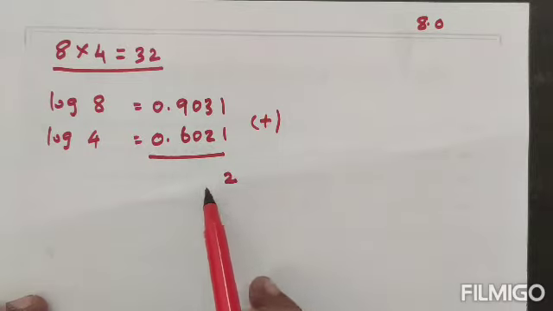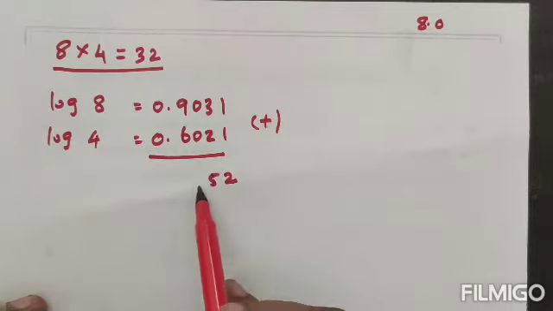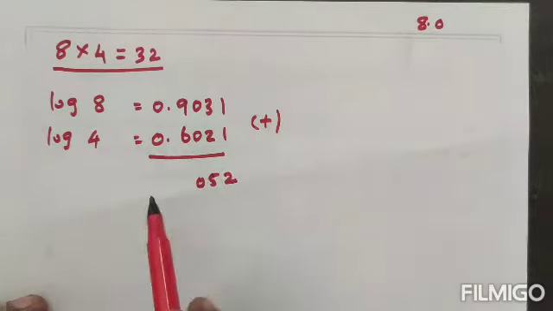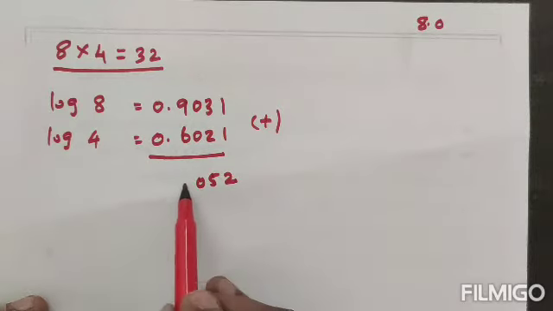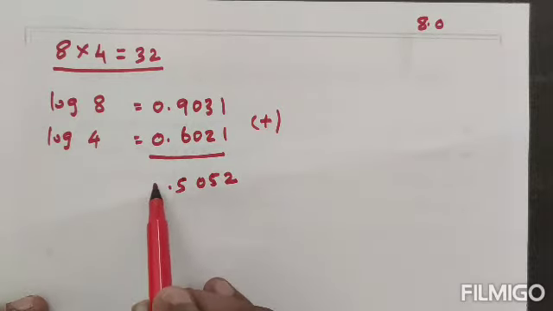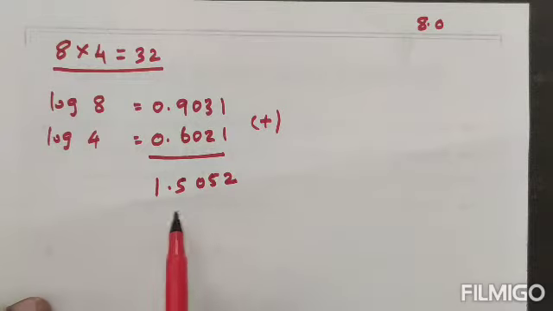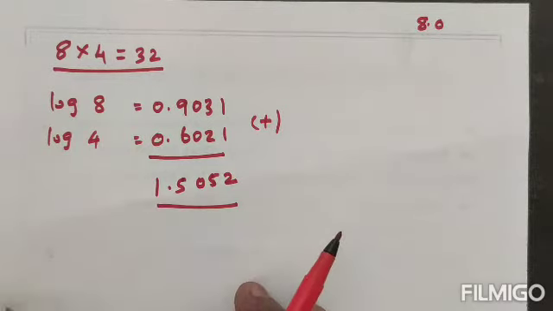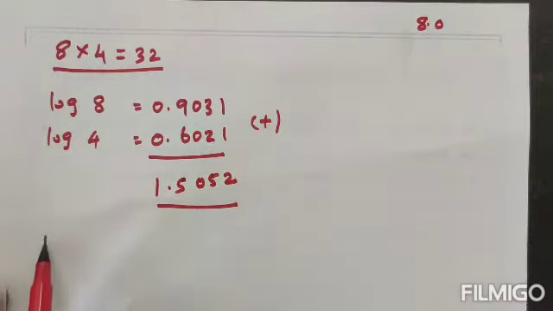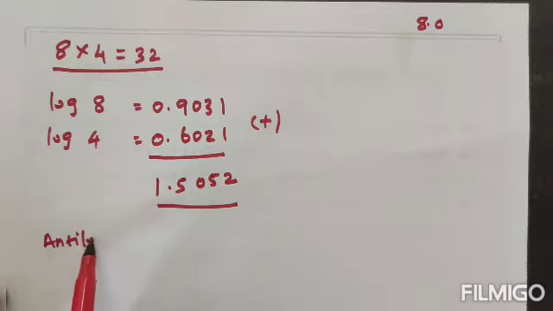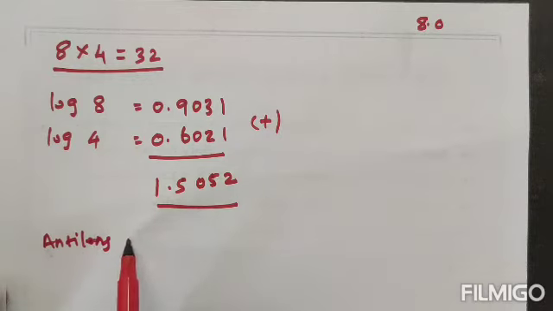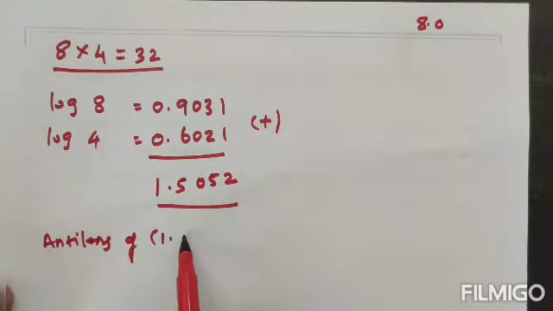So 2 5 0 9 plus 6, that is 15, so 5 here and 1. Now we want to find the anti-log for this value, 1.5052.